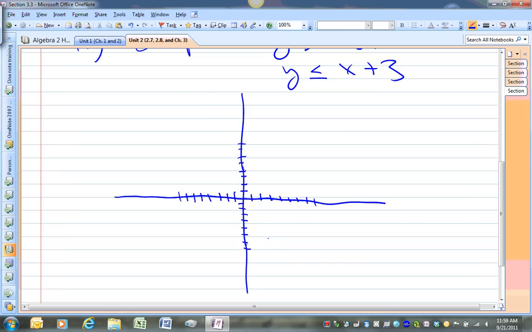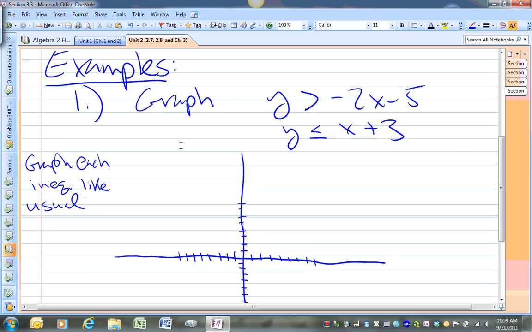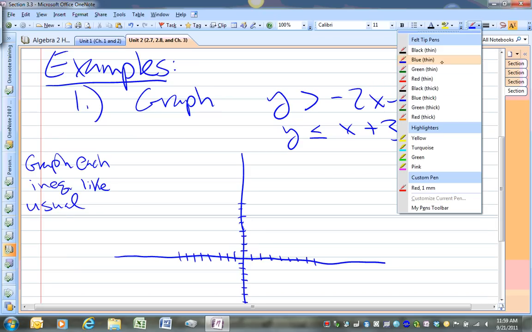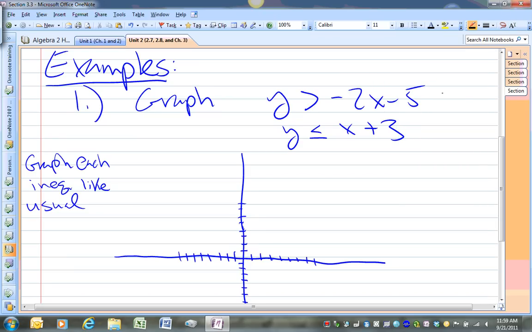Okay. So, just like before, graph each inequality like usual. And what I'll do is I'll use different colors. Let's use black for that line, and let's use green for that one.